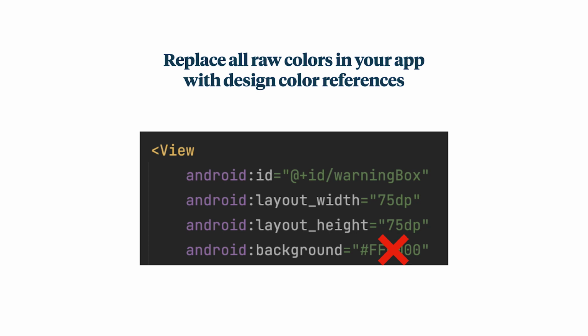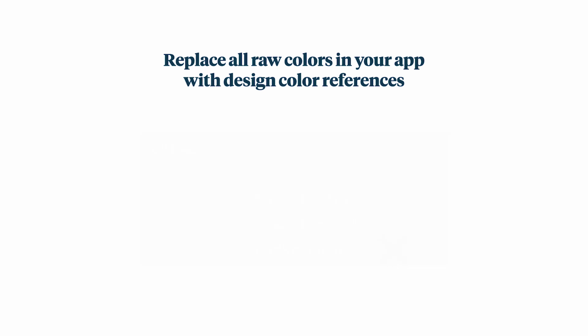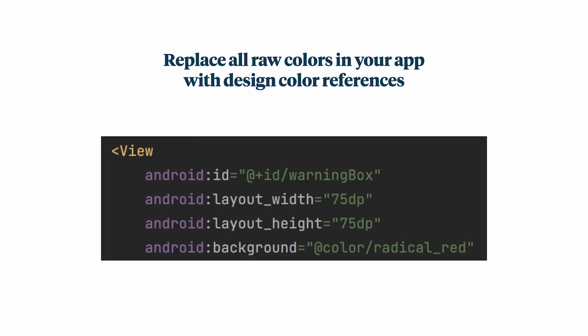Raw color values within apps lead to UI colors not changing with device theme, failure to use correct brand colors, and inconsistent color usage. Utilizing color references from your design files allows developers to drive consistency, react to theme toggling, and apply color changes to similar UI components with limited code change.